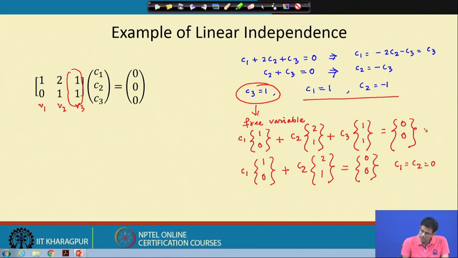But in this case C1, C2 and C3 may be non-zero. Non-zero is possible.